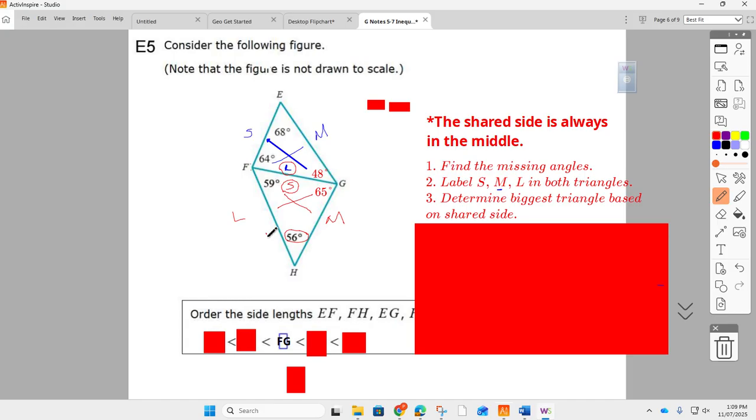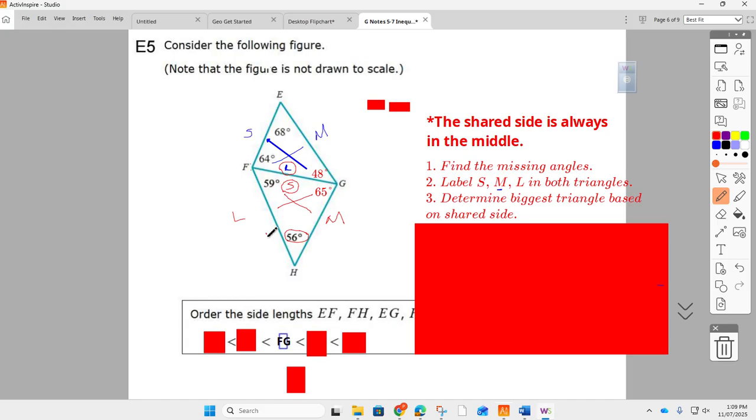This is the medium length, and this is the shortest, right? So if this is 20, we could say that this is 19 and this is 18. Would you agree? All right. If this is the shortest side, this is the medium length side, and this is the longest side, then this would be 21, and this would be 22.